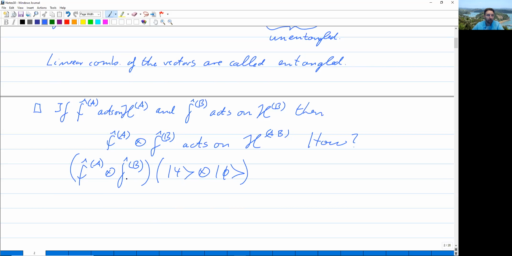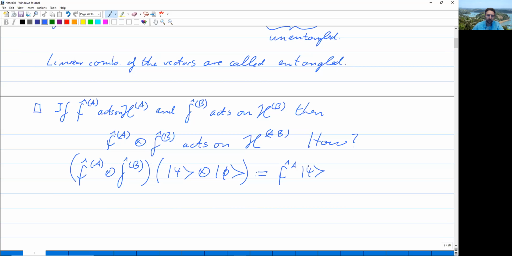So if we apply this operator on the big system's Hilbert space onto that state of the big system's Hilbert space, then this is, by definition, the action of f hat A on psi.